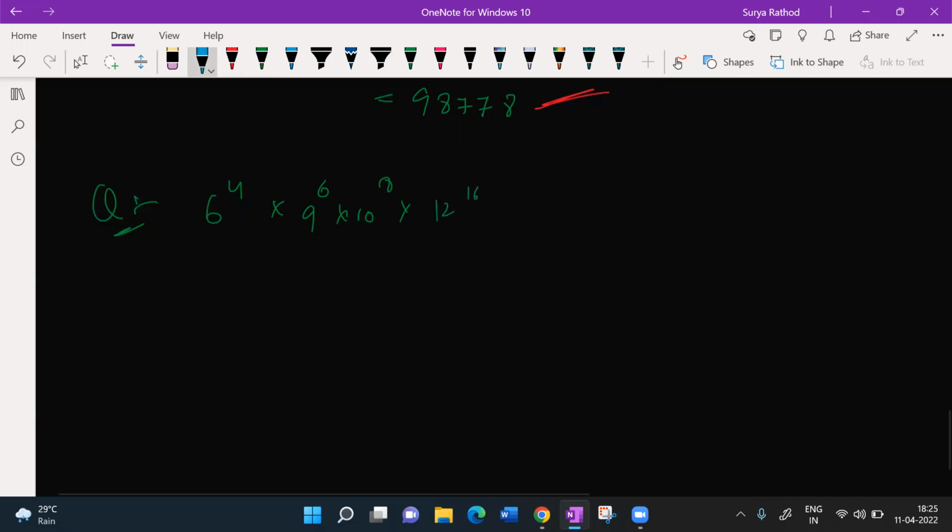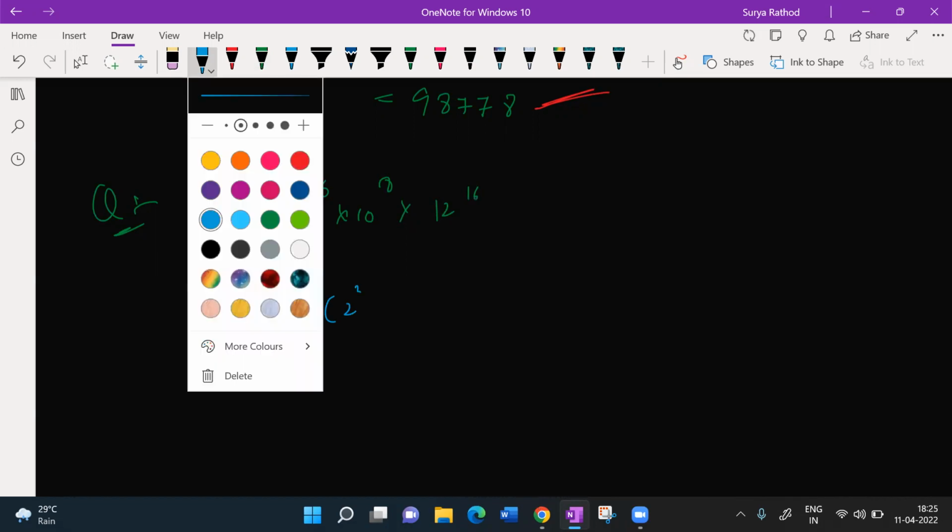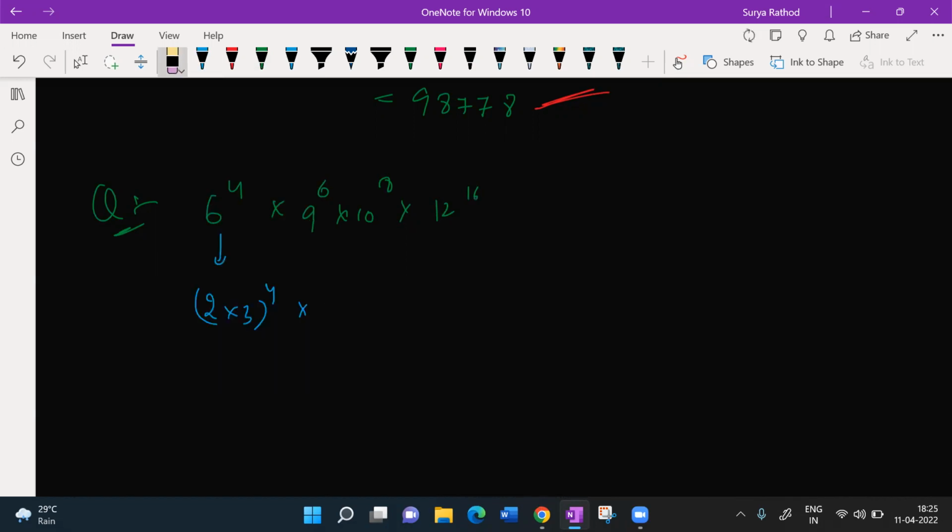So 6 to the power of 4 is nothing but, first of all, prime factors, right? So can you write this as 2 to the power of 4 into 3 to the power of 4? And 9 to the power of 6 is 3 square whole to the power of 6, correct?